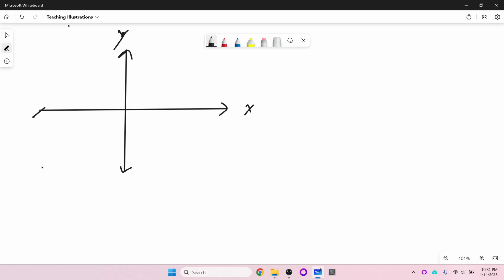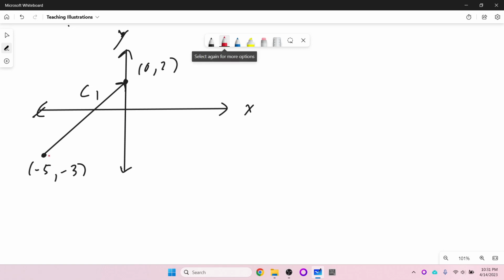So we will go from the point (-5, -3) up to (0, 2) in a straight line. We will call that C1. And we will also go along a parabolic curve like this. That will be the equation x equals 4 minus y squared. And we'll call that C2.